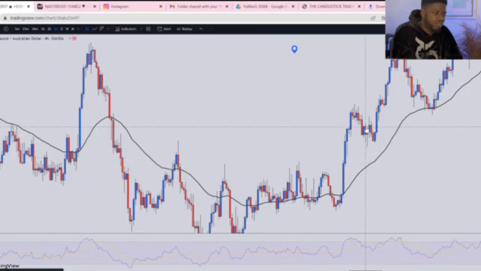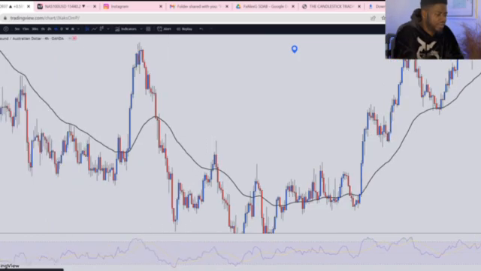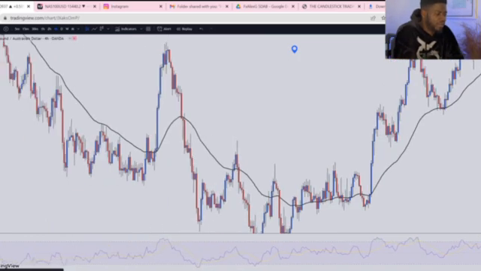I didn't do any prior markings on this chart. I just kept my chart. I said once I start this video, we will record everything and see it live. So first of all, before you start using this candlestick pattern, you should know your other technical terms and technical patterns.